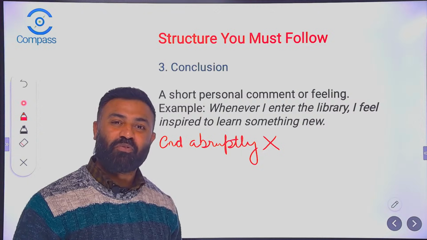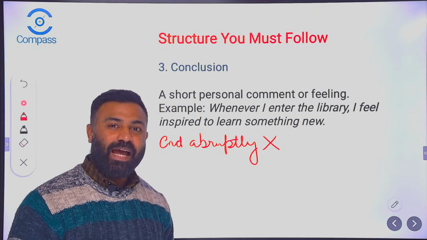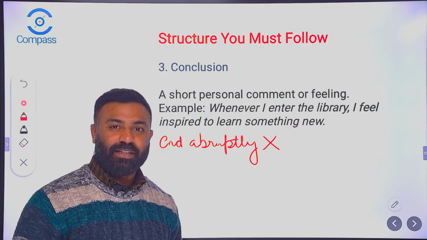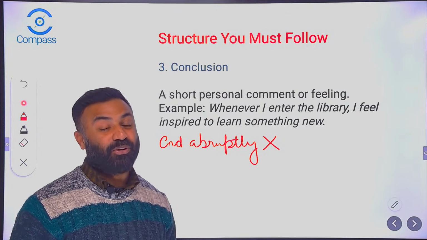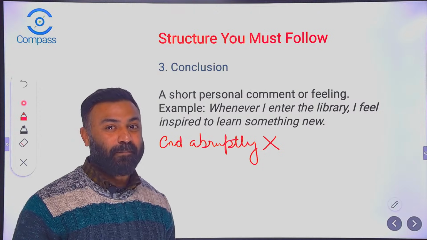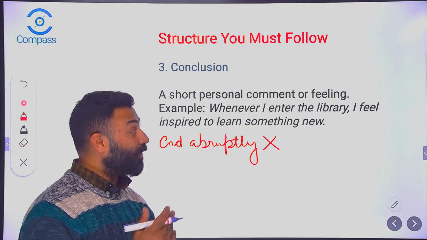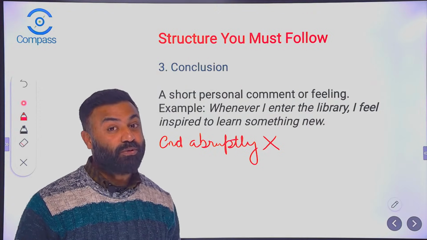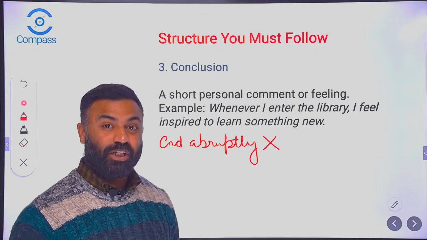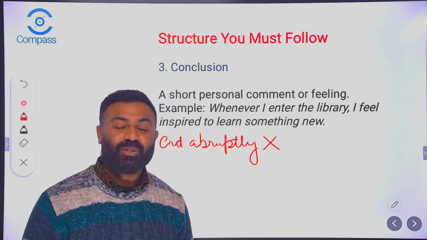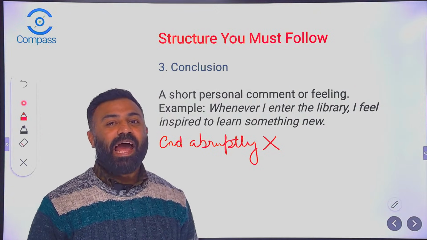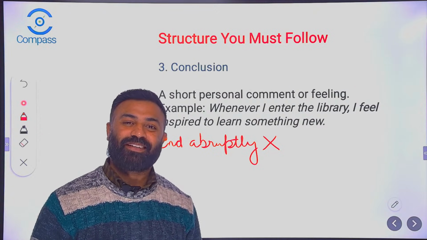Think of the time when you were watching your favorite movie and then there was an electricity cut off. You could not watch the last scene. How did you feel? Very bad, disappointed. That's how your essay would look if you don't put the right conclusion. You ended abruptly, suddenly. So your essay is then hanging somewhere in the air.